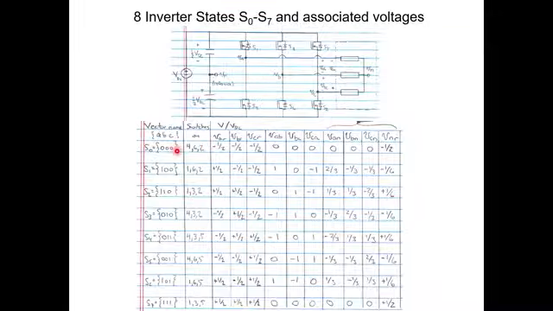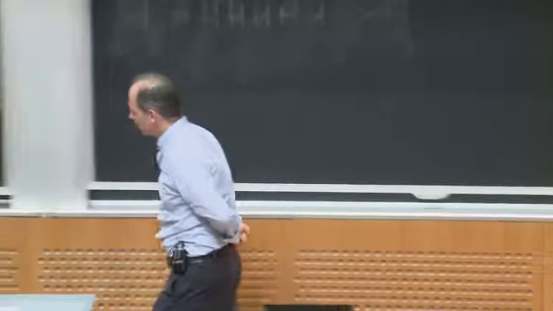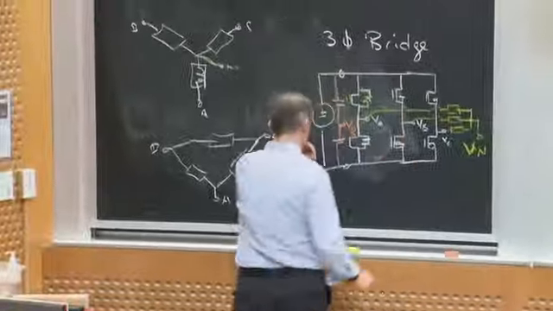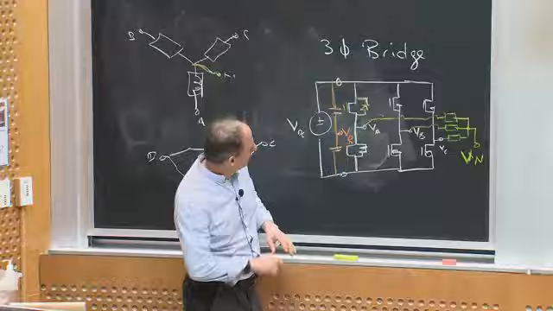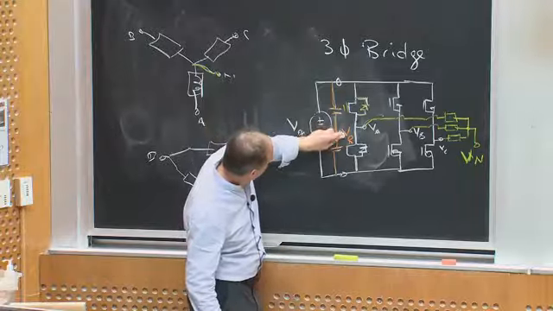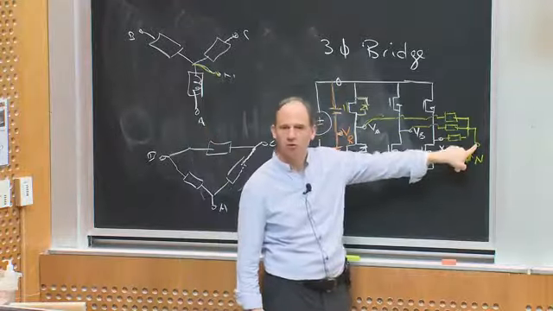And these are what you get for AR, BR, and CR normalized to the DC bus voltage. Then this is what you get for VAB, VBC, and VCA, the line-to-line voltages. And this is what you get for the line-to-neutral voltages on this load, okay? I want to emphasize that in this structure, I'm not proposing that we connect this reference voltage to the neutral.